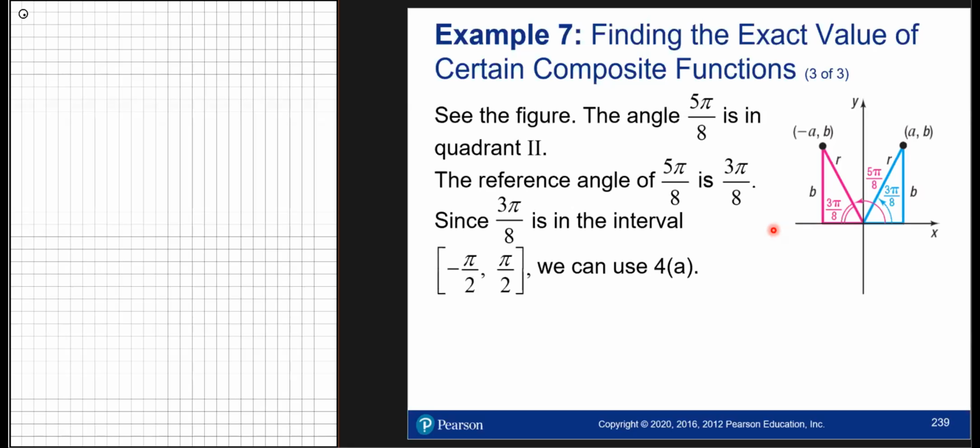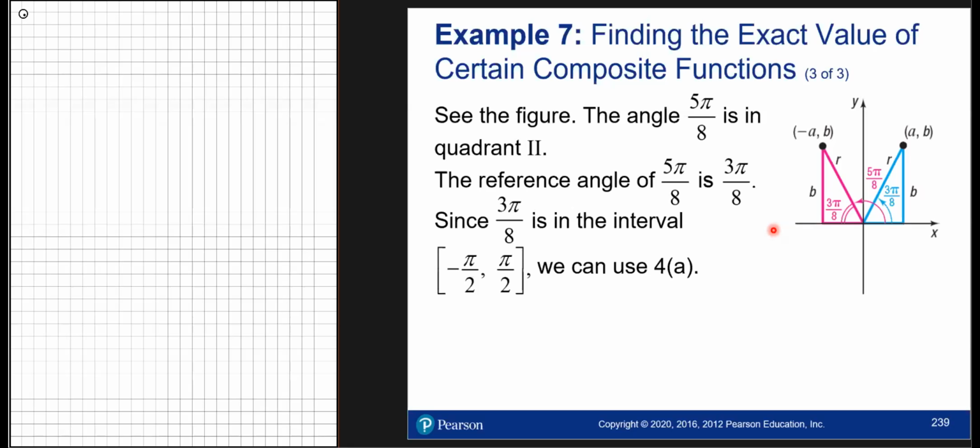Now we're talking about cosine. Cosine is the same kind of deal, but now our domain has changed. Instead of going from negative pi over 2 to pi over 2, now we're going from 0 to pi. So we end up doing the same thing.